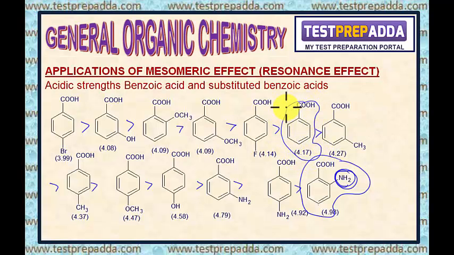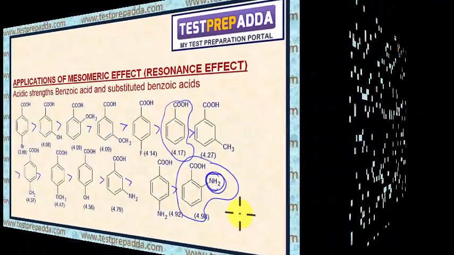My point is clear. So this is all about the acidic strength of benzoic acid and substituted benzoic acids. Dear students, in the next video lecture, I will talk about the basic strength of aniline and substituted anilines. Thank you.